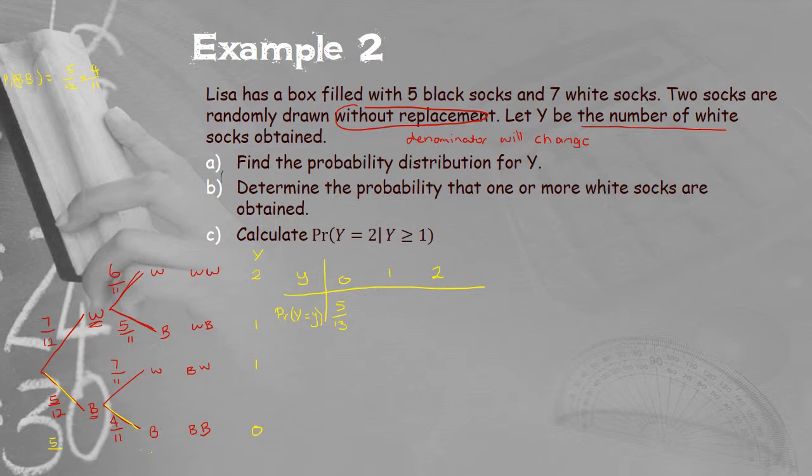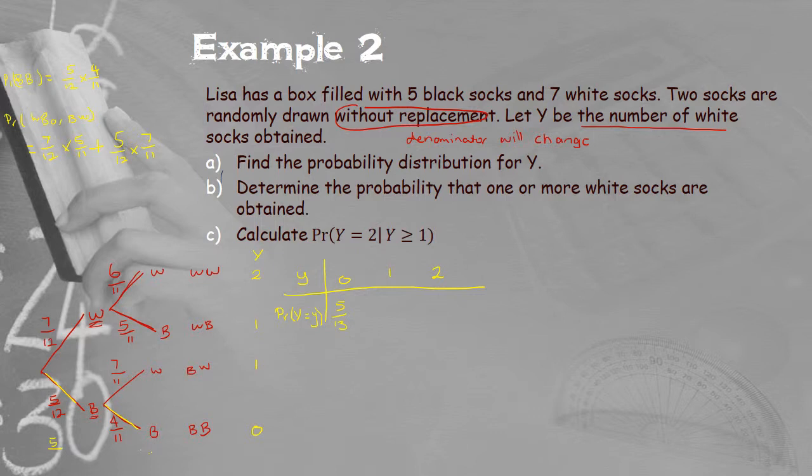If we want 1 white sock, that means we can have white then black, or we could have black then white. So white then black means we multiply along the branches, 7 over 12 times 5 over 11. Or, remember when we say or, we add. We could have a black sock, then a white sock, 5 over 12 times 7 over 11.